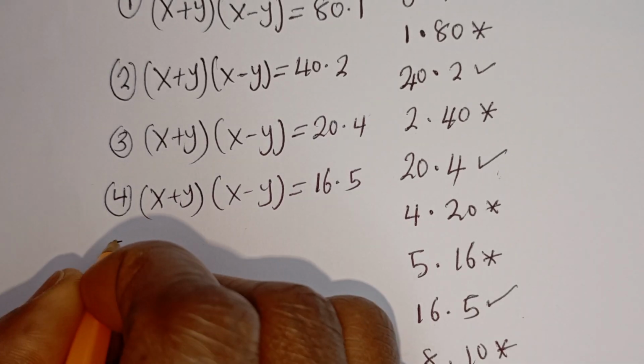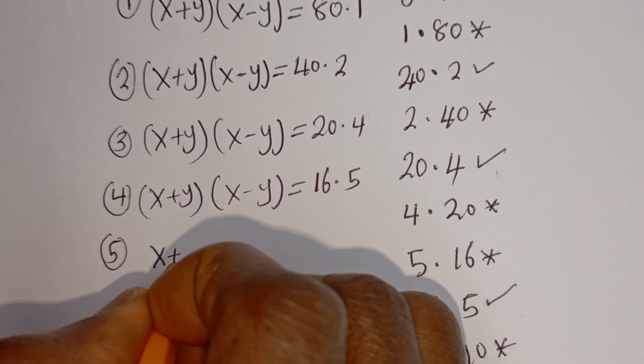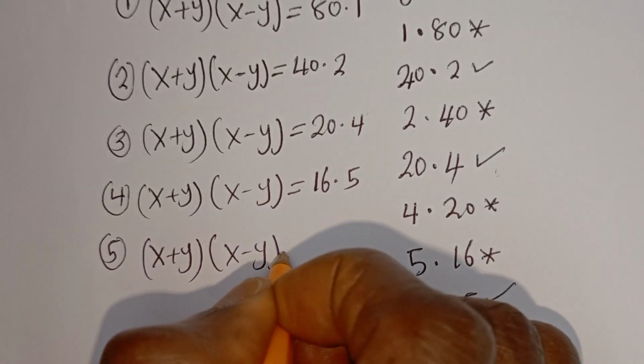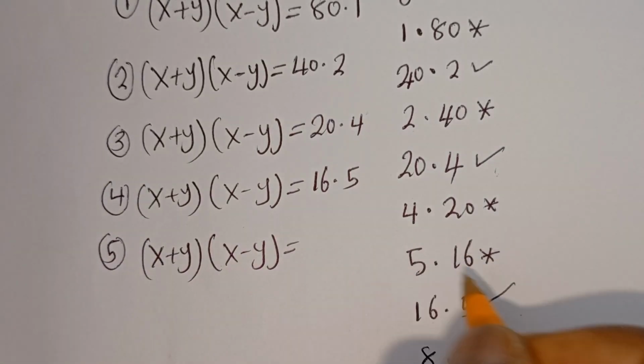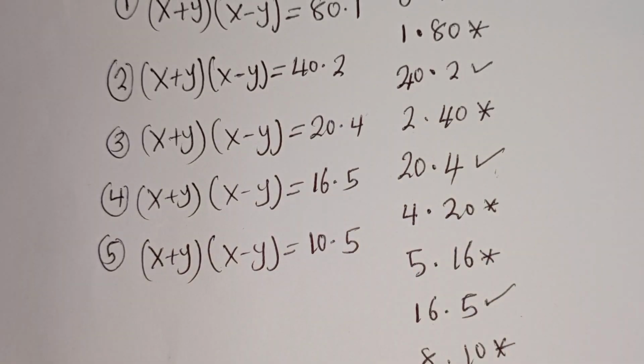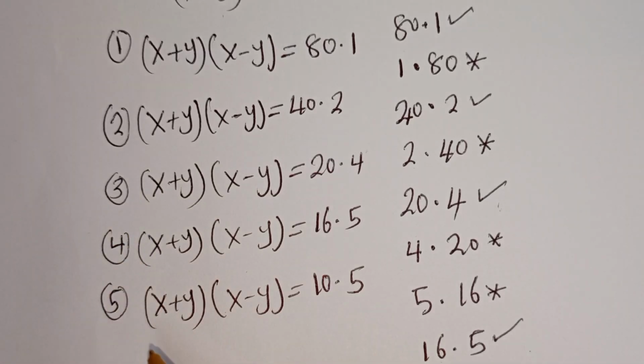And the fifth one is 10 multiplied by 8. And you can see that we have the first, second, third, fourth, and fifth cases.